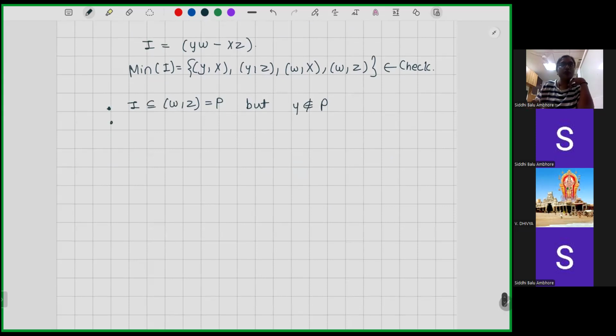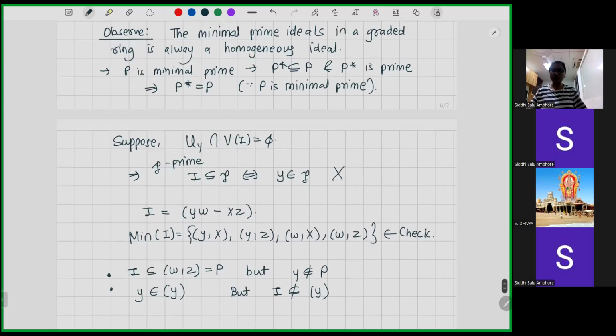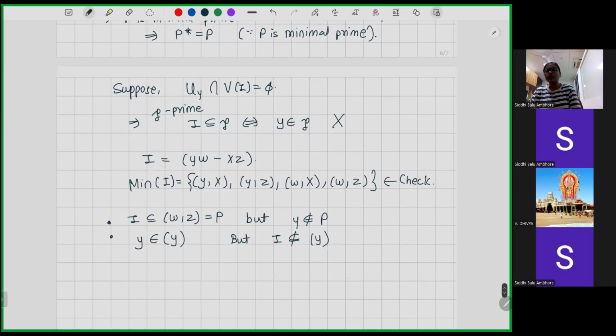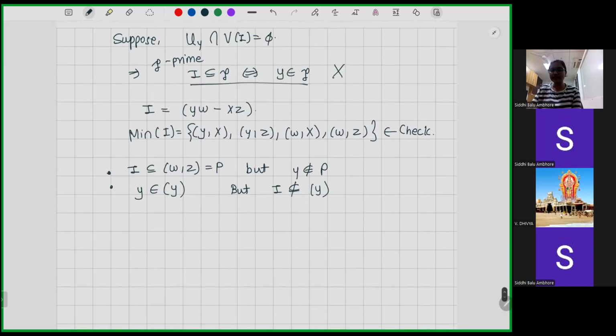And similarly, if I take this prime ideal (y, w), Y belongs to this ideal, but I does not contain this ideal, or just Y I can choose, doesn't matter. Is this okay? So the condition which was here, that if the intersection is empty then this condition should follow, we can see that this condition does not follow.